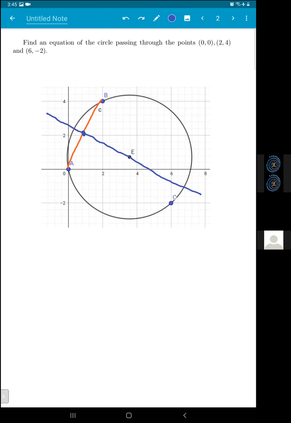That was taught in an asynchronous lecture. How do you get the perpendicular bisector, by the way? Anyone? What do you have to find first?